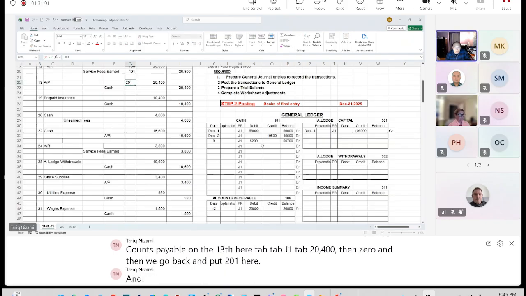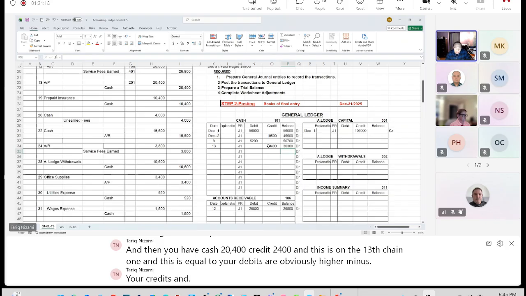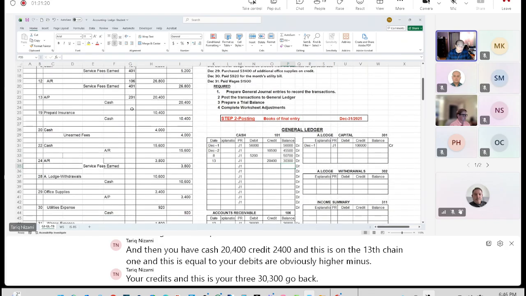And then you have cash 20,400, credit 20,100. And this is on the 13th, J1, and this is equal to your debits are obviously higher minus your credits, and this is your 330,300. Go back and put 101.